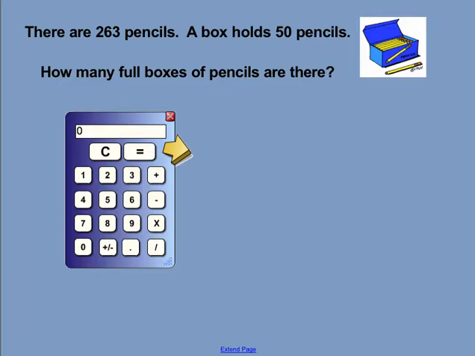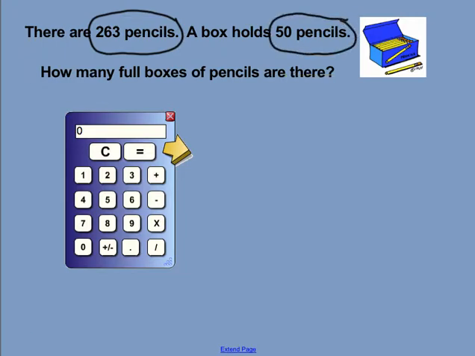There are 263 pencils. Whew, that's a lot of pencils. A box holds 50 pencils. How many full boxes of pencils are there? Let's take a look at our numbers. 263 pencils, that's the total. Those pencils are going to be split into boxes of 50 pencils each.